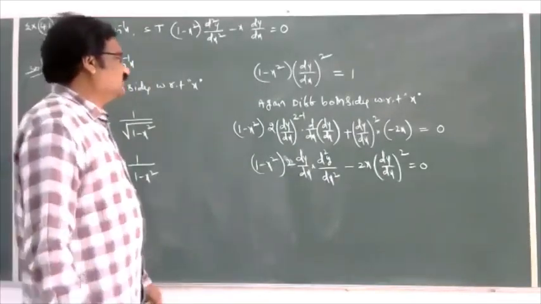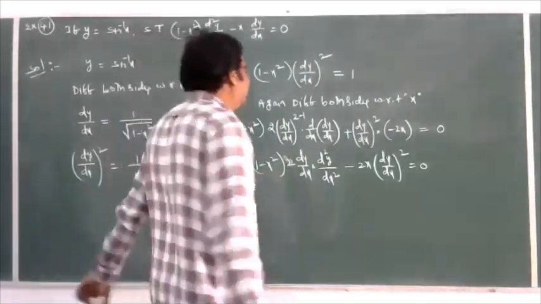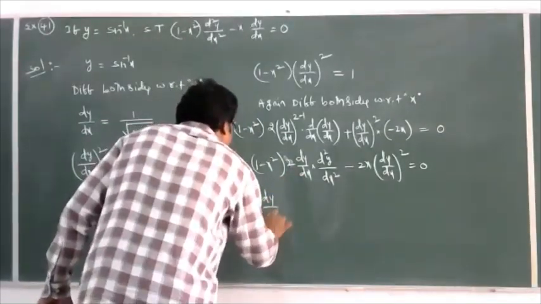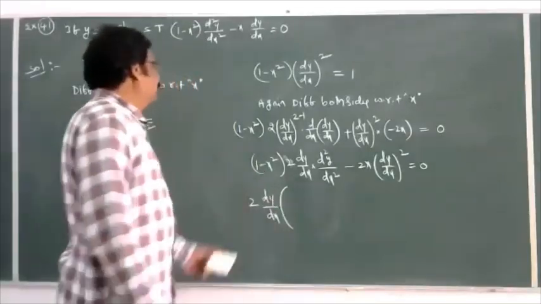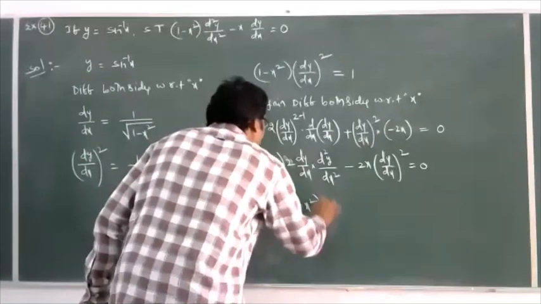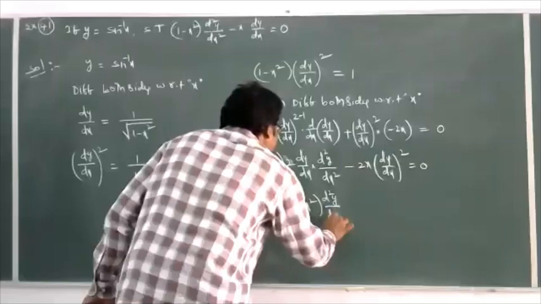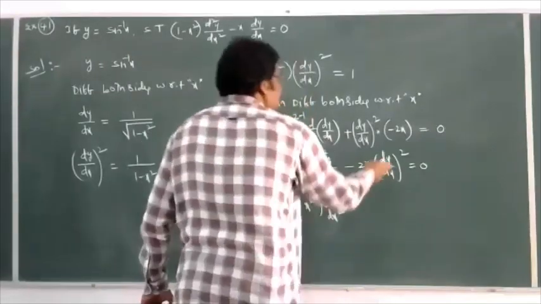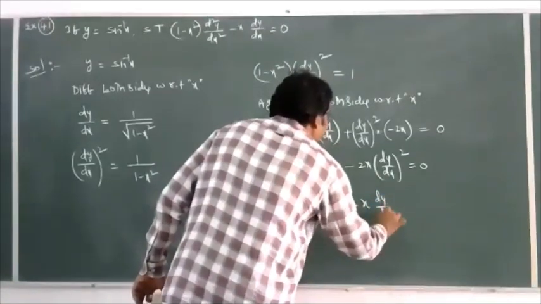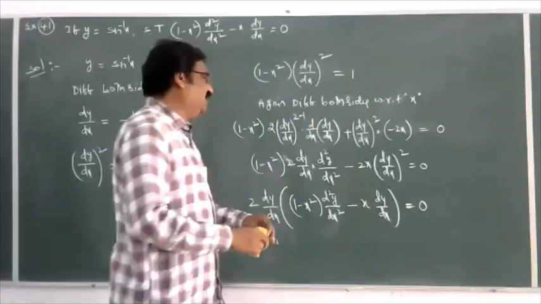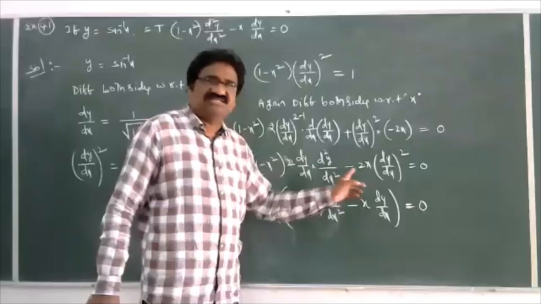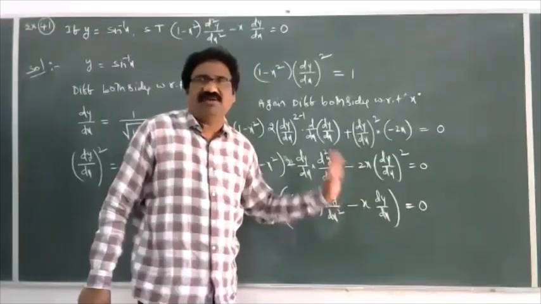Here you take 2 into dy by dx common. Here you get 1 minus x square into d square y by dx square minus, 2 common, x into dy by dx is equal to 0.